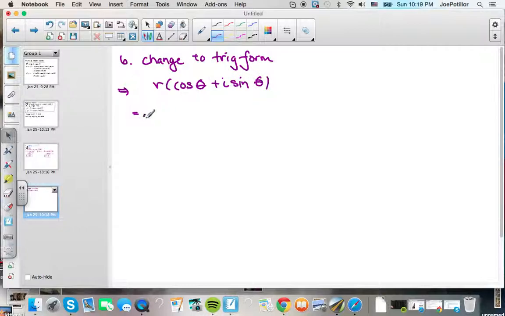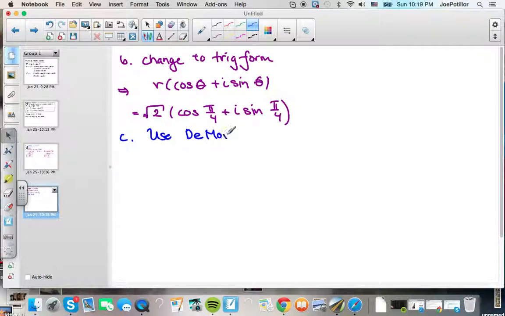So it's equal to square root of 2 cosine of pi divided by 4 plus i sine of pi divided by 4. Now I need to raise it to the fourth power. So in part C, we're going to use De Moivre's theorem.